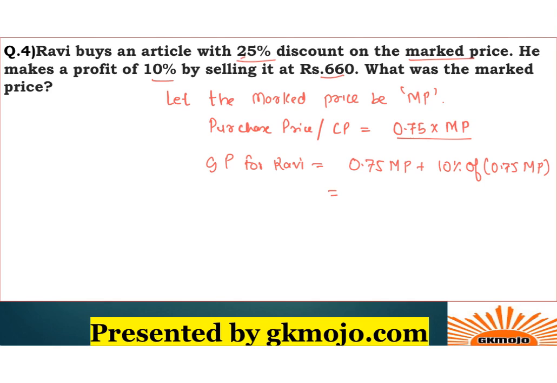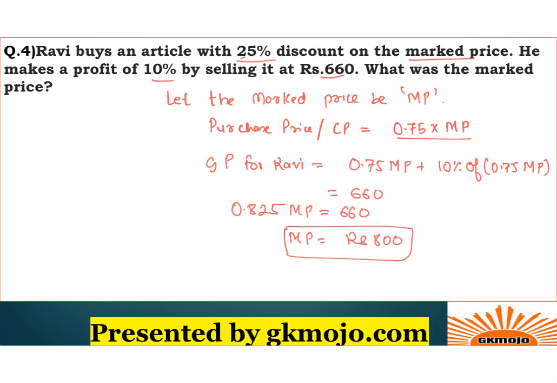And this is equal to 660, right? So basically what do you get in the end? You get 0.825 MP is equal to 660. And when you divide this, you will get MP as rupees 800. That is, the mark price is equal to rupees 800. All right. Hence the correct answer to this question is 800 rupees.